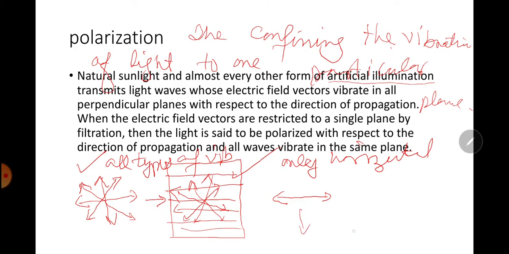So this is called polarized light, whose vibrations are confined to one particular plane. When ordinary light has all types of vibration blocked, and only its vibration is confined to one particular plane, it is called polarization.